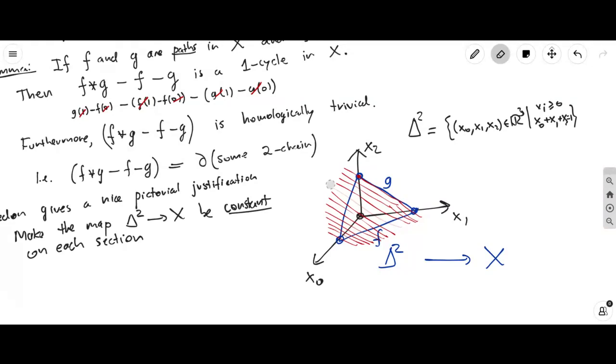This is the one that's highlighted. On this entire section, the value of this mapping is going to be constant. We're not saying the map itself is constant, because as you move across these different levels, you're getting different values. But on this entire section, it's going to be constant. But how do you know which one it is? Actually, I realized that the way I'm drawing the picture is not correct. I'm not drawing the picture correctly, I guess.